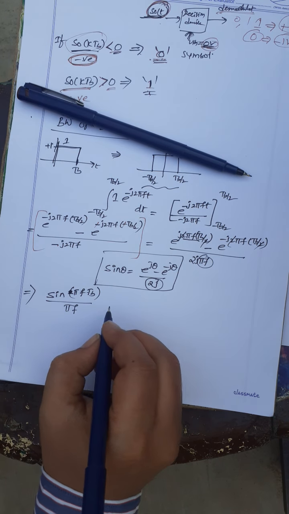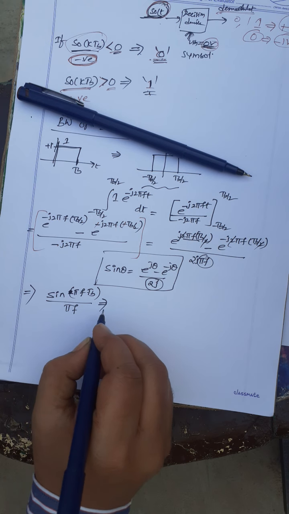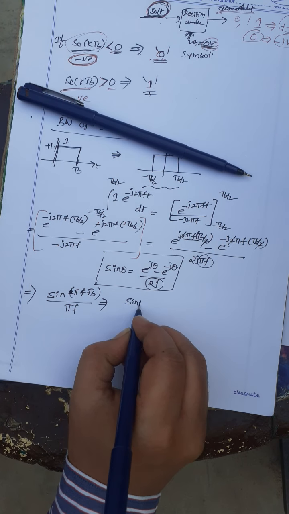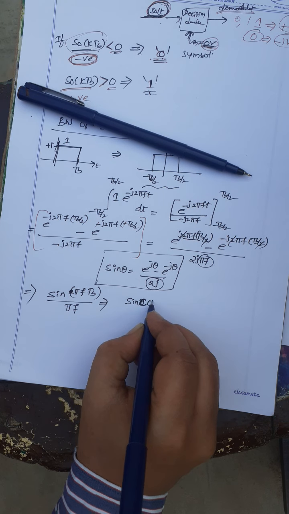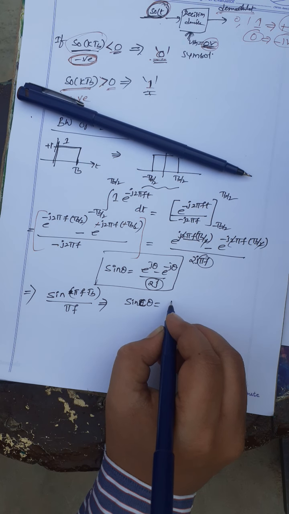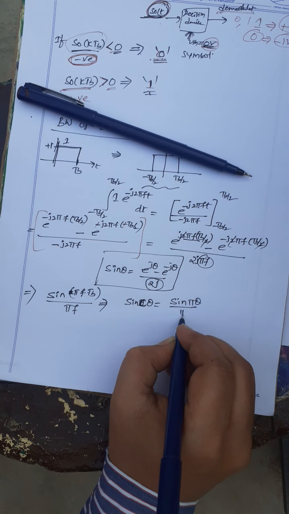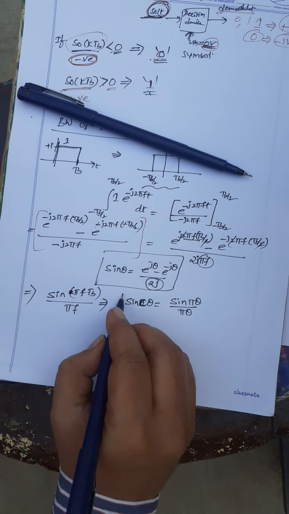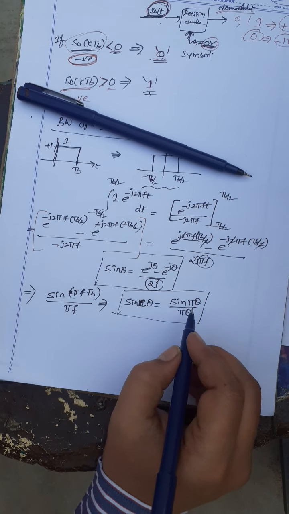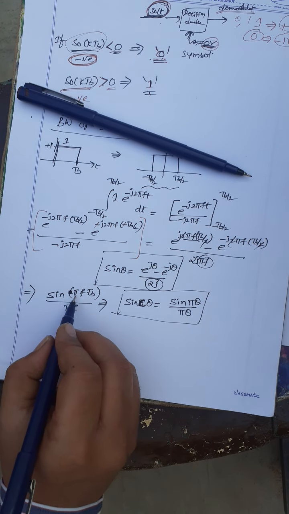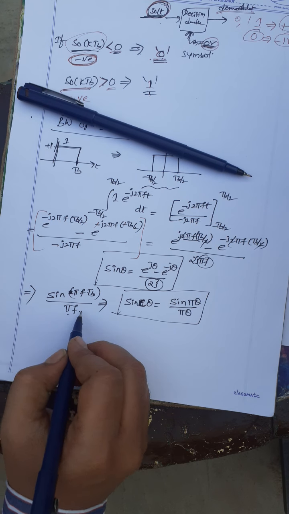Now here I want to convert this into a sinc function. So what is the sinc formula? Sinc theta is equal to sin pi theta by pi theta. This is sinc theta. Here we have sin pi f Tb.